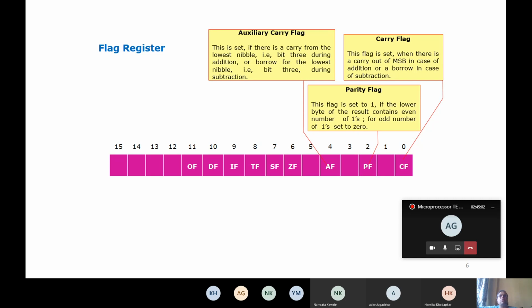This adjustment can be performed by adding 06 in the result. So actually calculated result is 10H. If I add 06 into it, then it will become 16H. And this is performed by using instruction called as DAA, that is decimal adjust accumulator. So in DAA instruction, you will actually get the practical use of auxiliary carry flag.